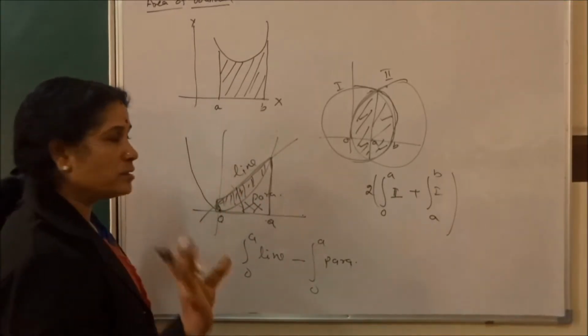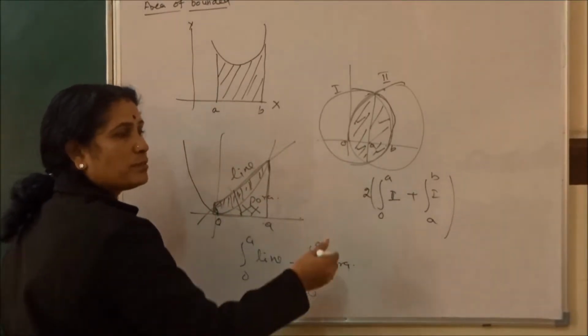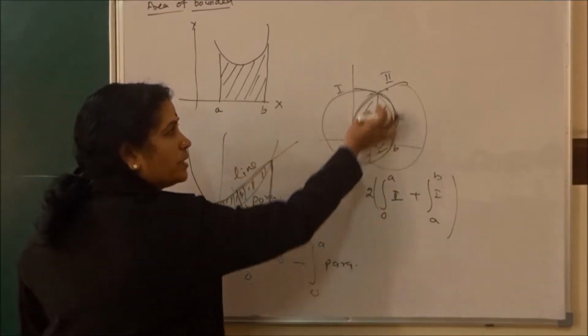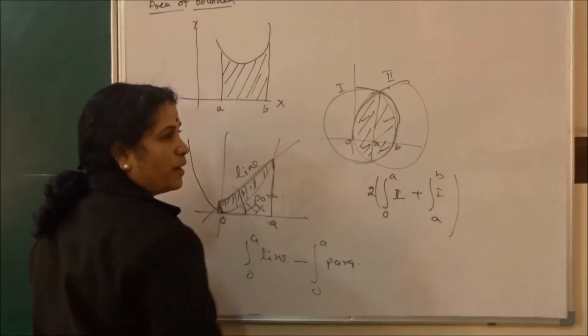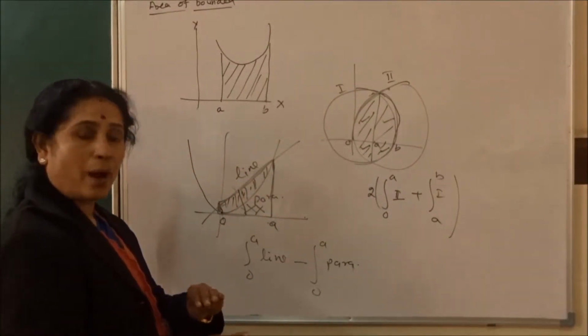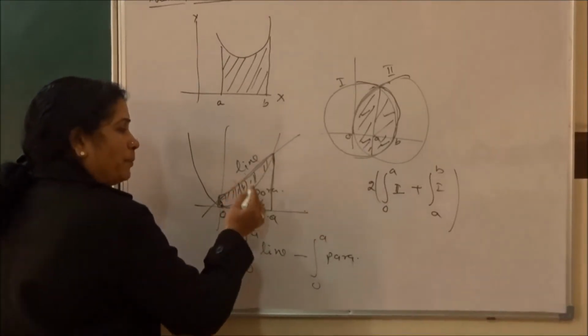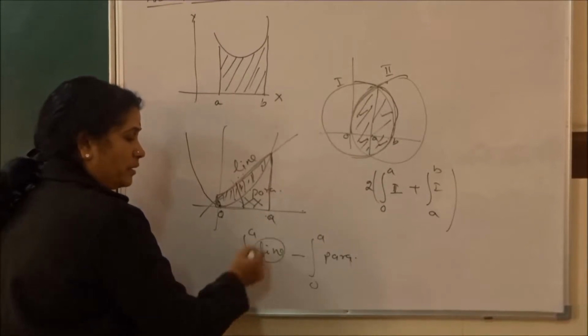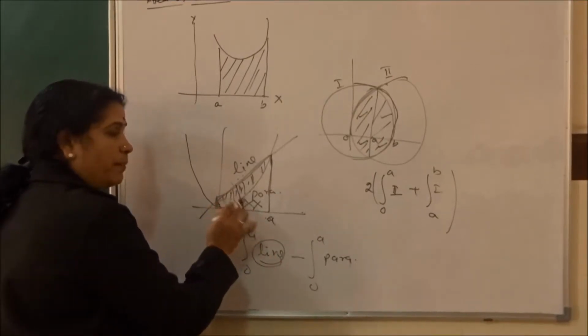So there are 3 concepts. One: if it is symmetric, do it twice. If it intersects vertically, add both parts. If the bounded area is up and down, then the integrand function is upper minus lower.